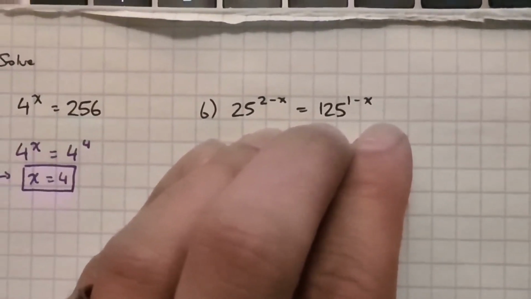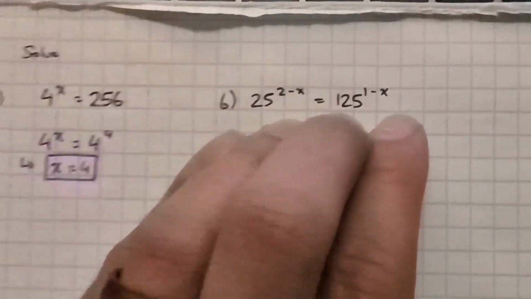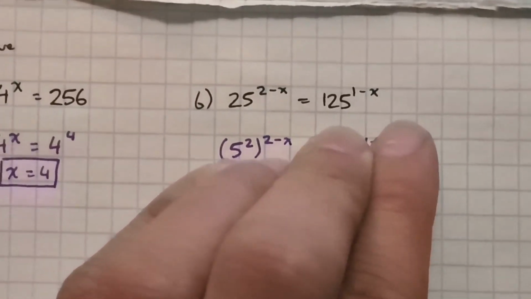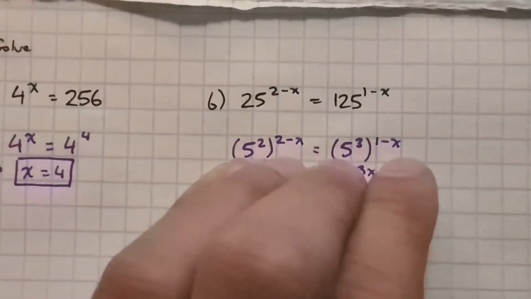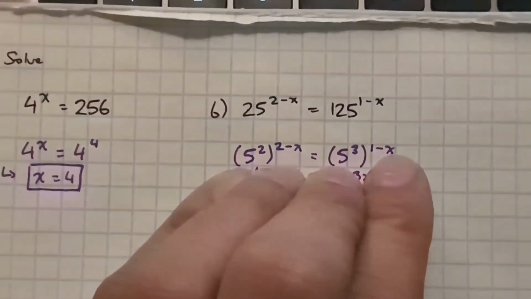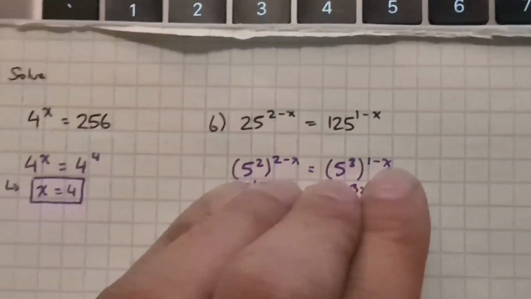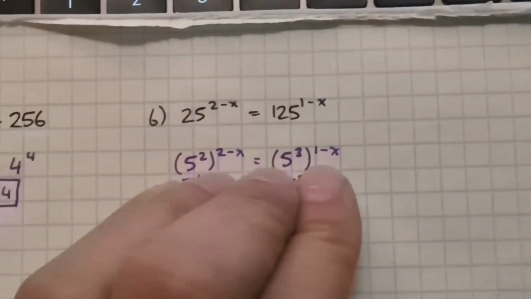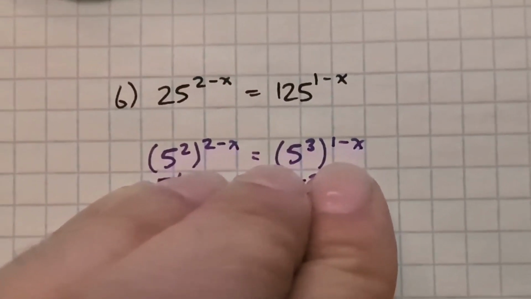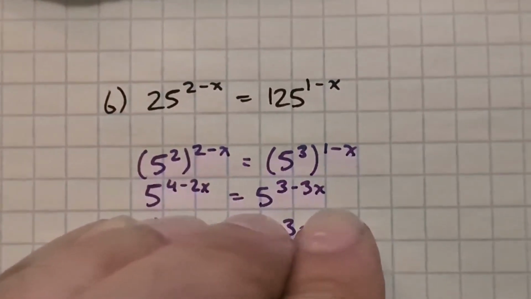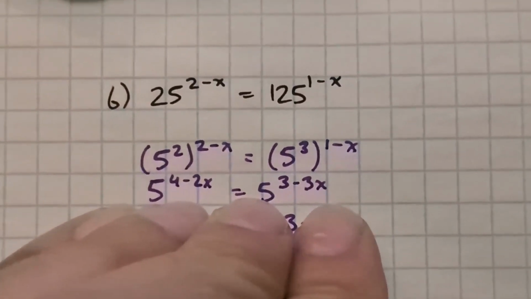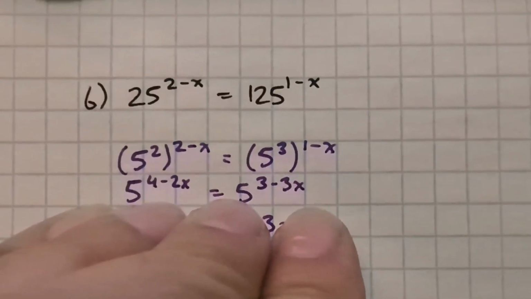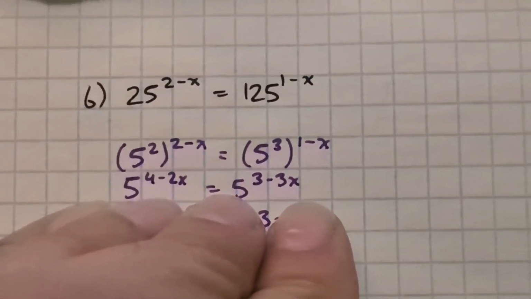But instead, because they're both powers of 5, we can rewrite 25 as 5 squared and 125 as 5 cubed. So we have 5 squared to the power of the same exponent as before, 5 cubed to the power of the same exponent as before. And using our exponent laws, we can multiply those exponents together. So 2 times 2 minus x, we get 4 minus 2x. 3 times 1 minus x, we get 3 minus 3x.